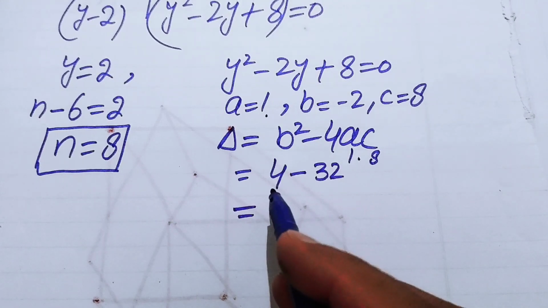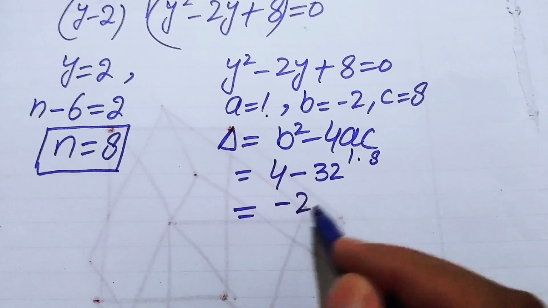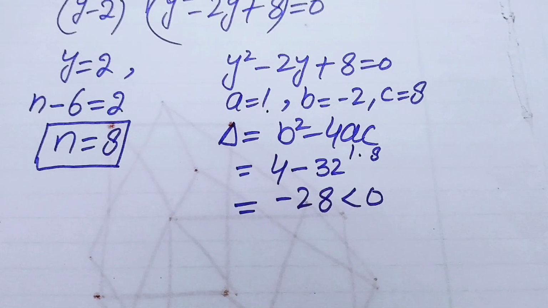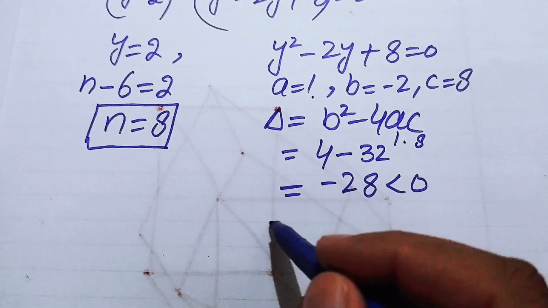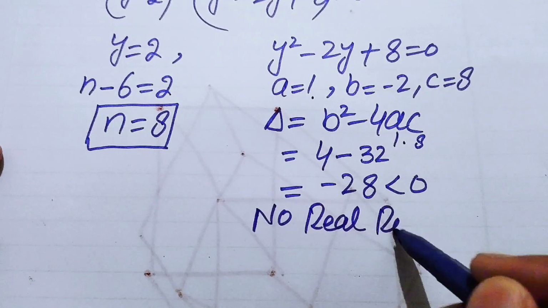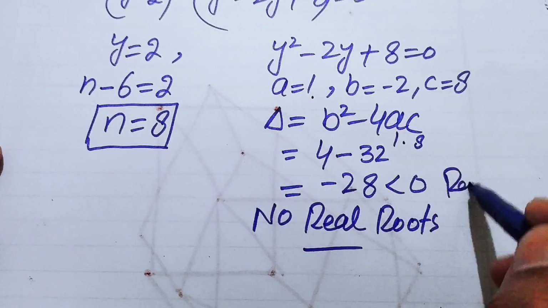When we subtract, 4 minus 32, you obtain minus 28, which is less than 0. The discriminant tells us that if the value of delta is less than 0, then it has no real roots. So if it has no real roots, then we will reject this case.